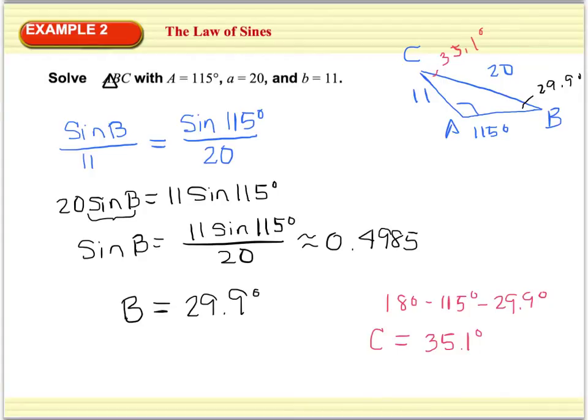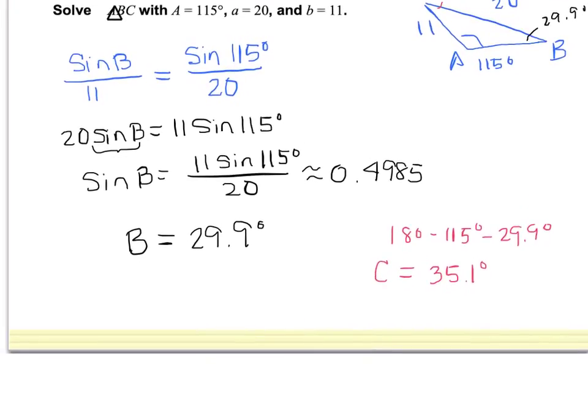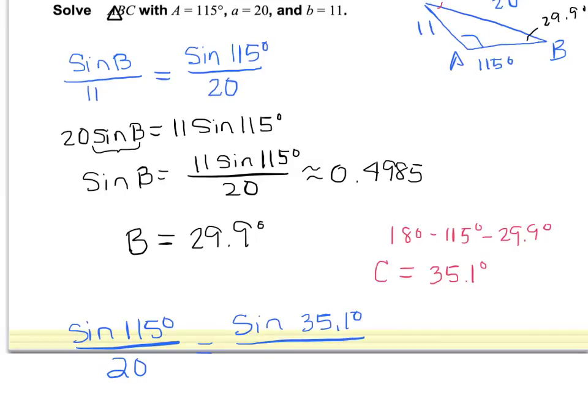So we're going to use, again, I always use the ratio of sides and angles that were given to me. So I'm going to use the sine of 115 degrees divided by 20. And let's scoot this up here. So we have the sine of 115 degrees divided by 20 is equal to the sine of angle C, which we just found to be 35.1 degrees, divided by side length C, which we do not know.